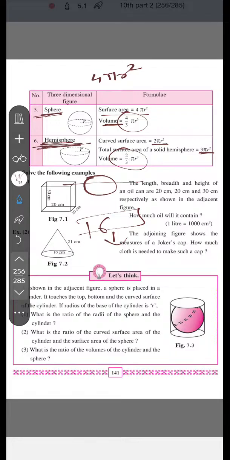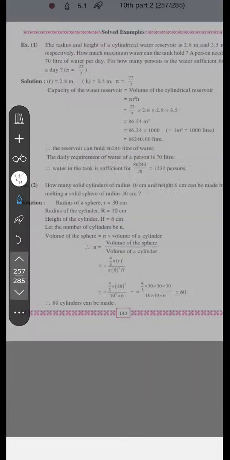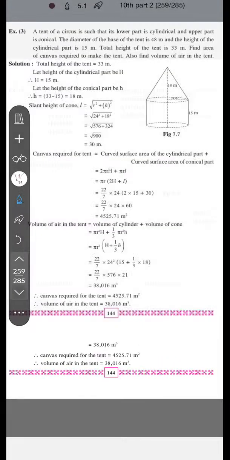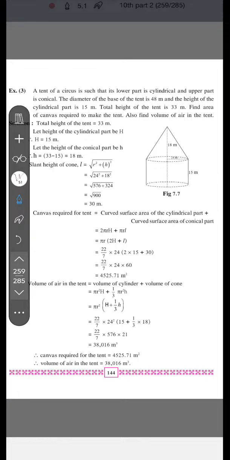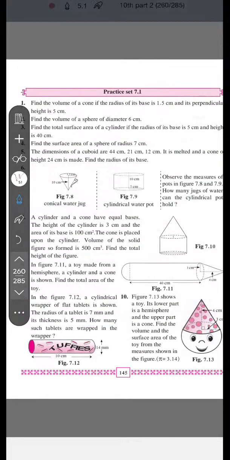So these are the formulas we have to use in this chapter. This is the last chapter, and here we are going to solve some questions. If you understand the formula once, or if you are able to remember it, then it will be easy. You will cover maximum marks from this chapter.